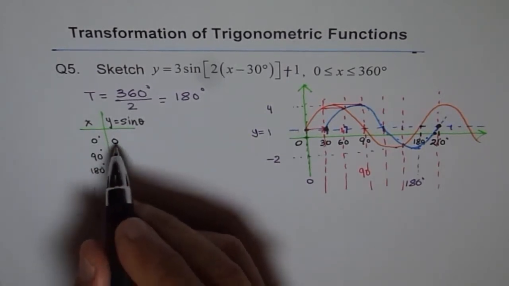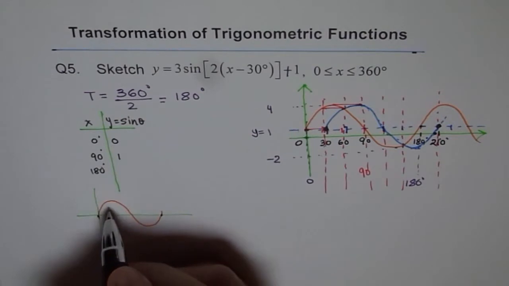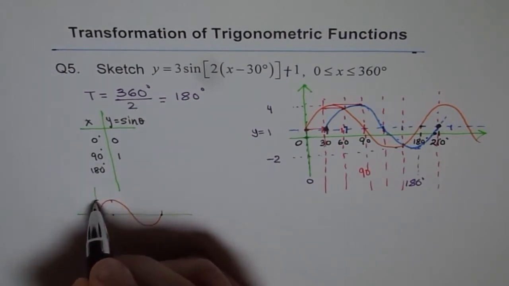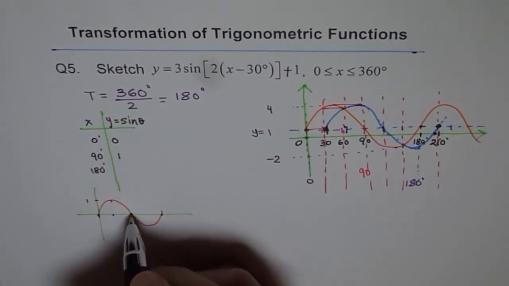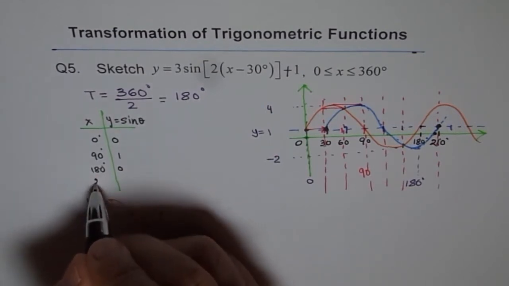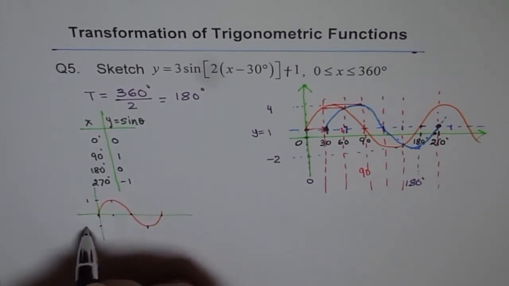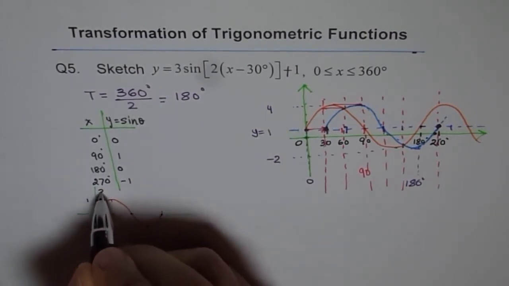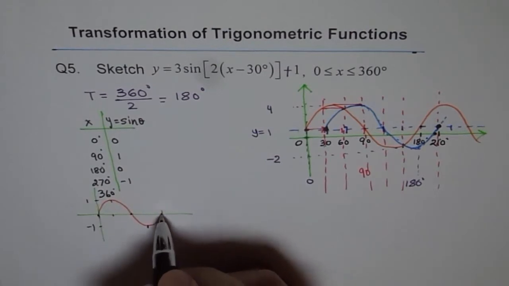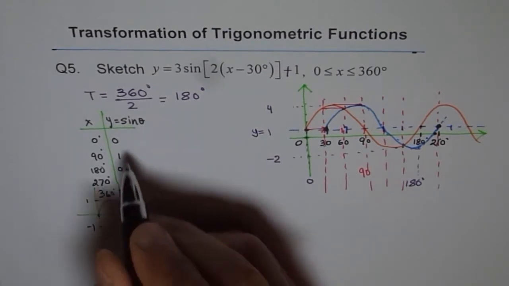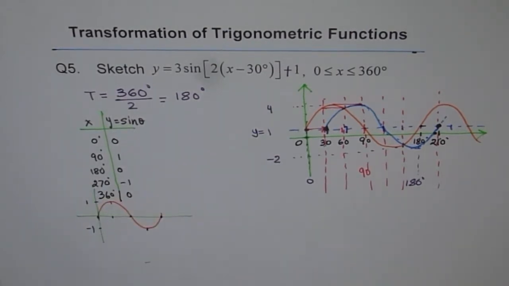At 0 it is 0, and at 90 it is 1. At 180 it is again 0, right? And this is 270 degrees, where it is minus 1. And then at 360 degrees, we again have a 0. So that is how the sine function fluctuates.